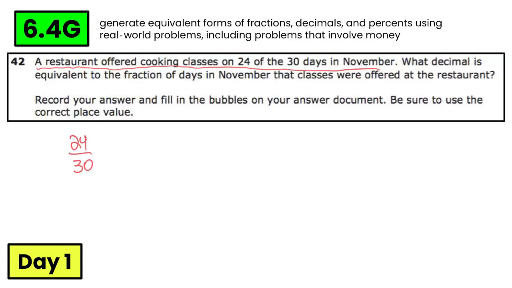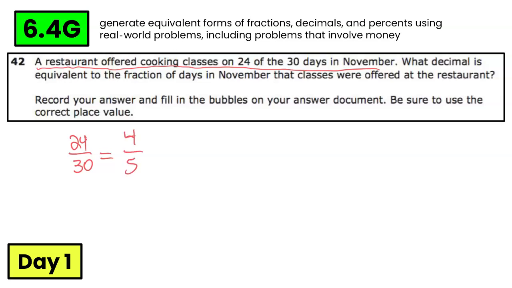We would then want to change that into a decimal so that we could get the correct answer. You could either have students do that straight from 24 divided by 30, or you could have them reduce this fraction or simplify it to be 4/5.